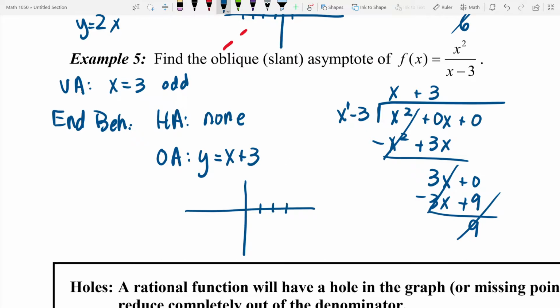Come out on the x to a positive 3 and dash in that vertical asymptote. Now let's draw the oblique. So go up 3, and then I'm going to go right one, up one, right one, up one, right one, up one. Well, I know it's going to hit over here at a 3 as well. And so it's going to look something like that.